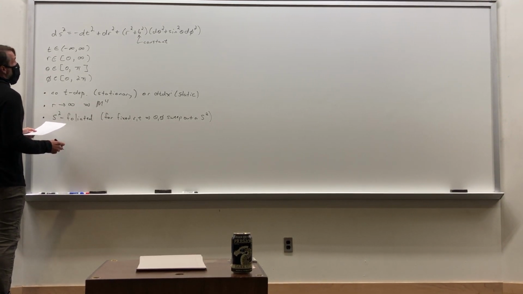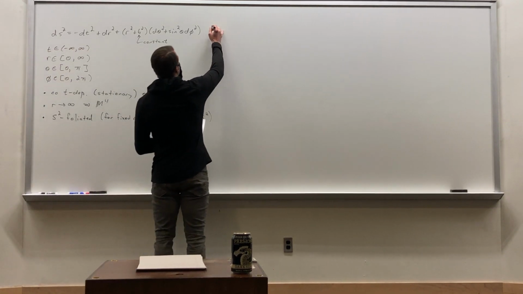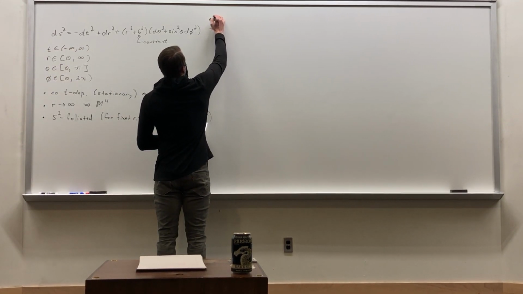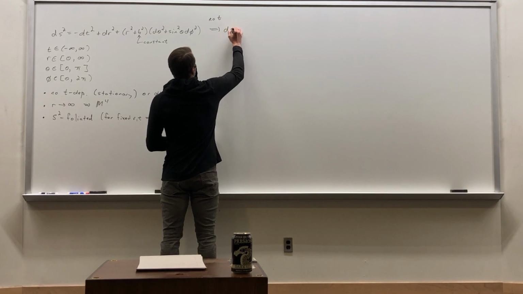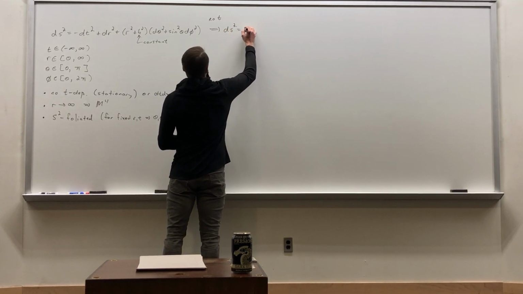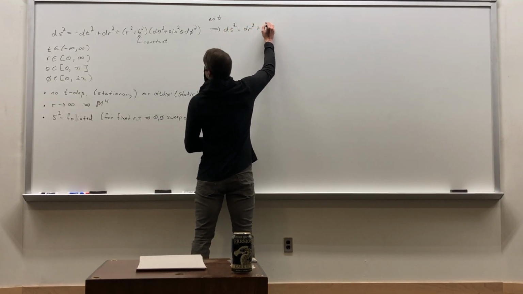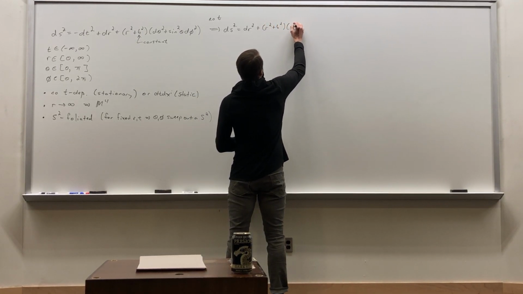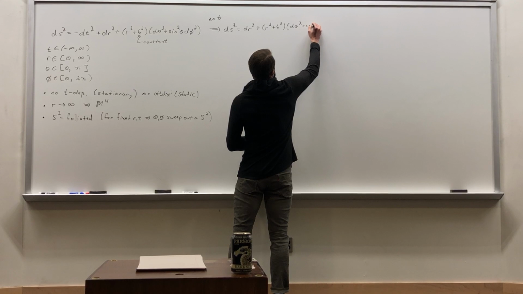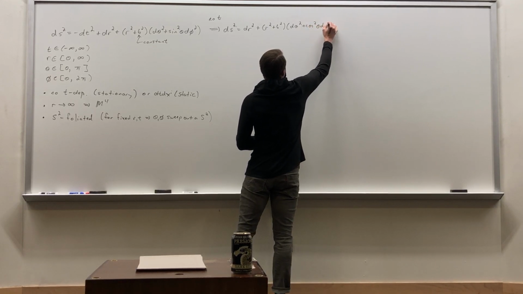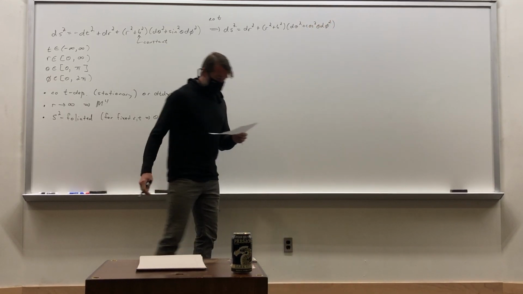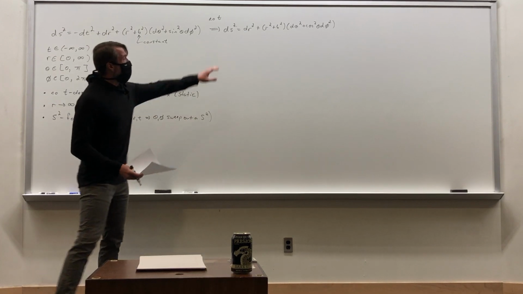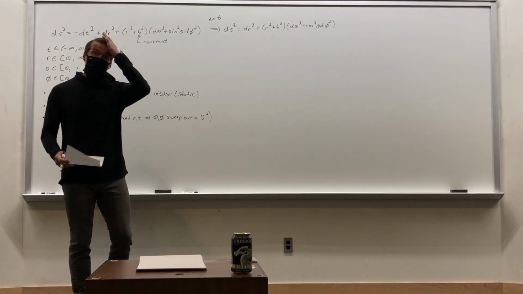And that is, of course, going to reduce us to ds squared is dr squared plus (r squared plus b squared) times (d theta squared plus sine squared theta d phi squared). Okay? And this is now a three-dimensional spatial geometry.